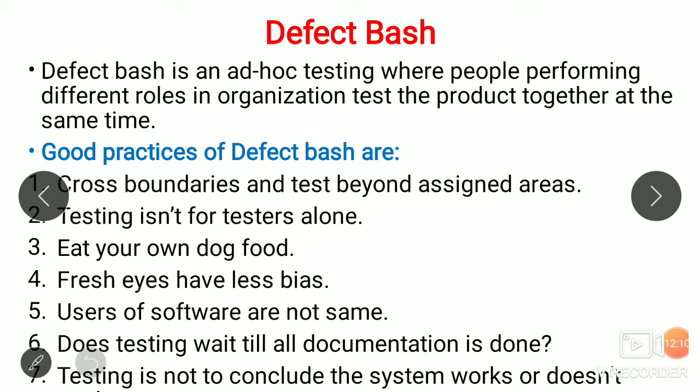Therefore testing is not only for testers. And the third one is eat your own dog food. It means letting everyone in the organization use the product before the delivery. If everyone is using the product before the delivery, all can identify the defects in the product. This is called eat your own dog food.